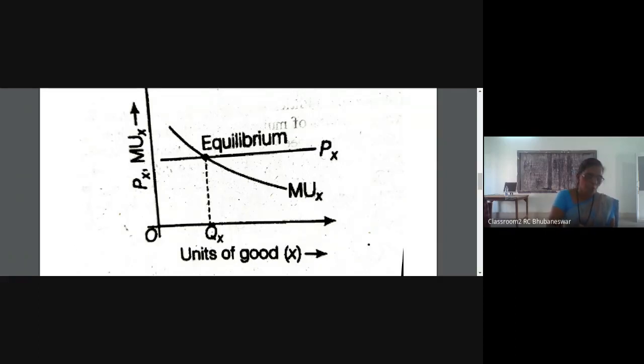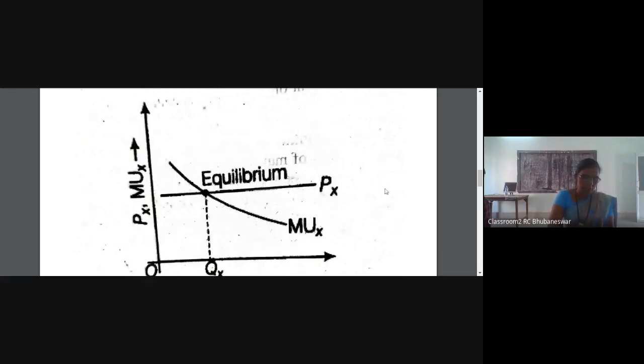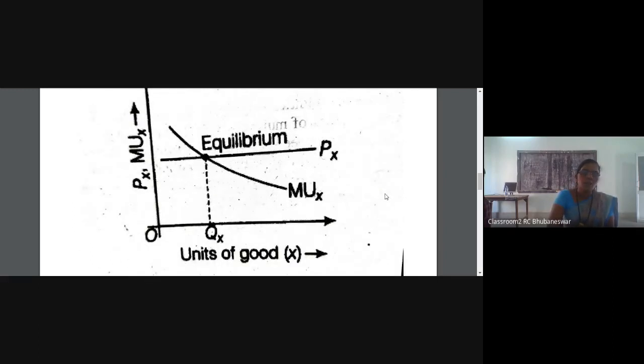In this diagram, we see that in equilibrium, PX is the price of good X, and MUX is the marginal utility of X. On the OX axis, units of quantity of goods are shown, and on the OY axis we see price and marginal utility of X. The consumer wants to buy a good X costing 10 rupees.